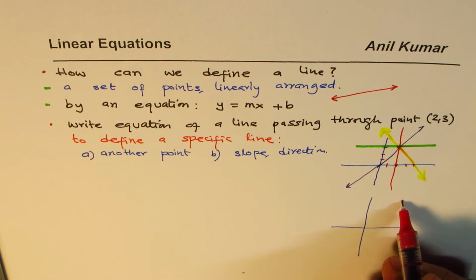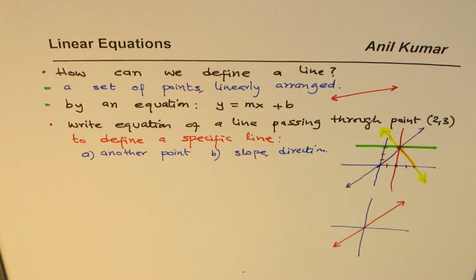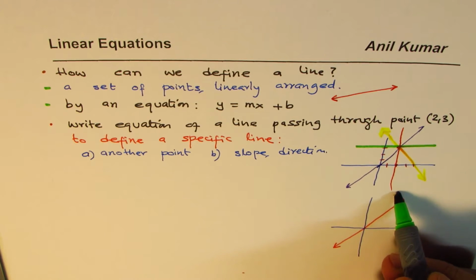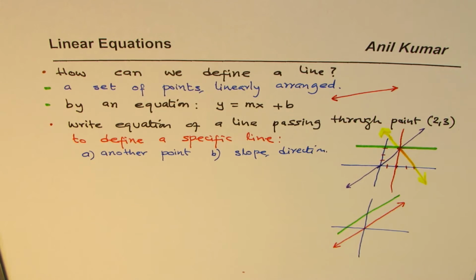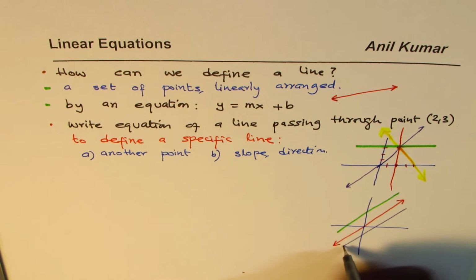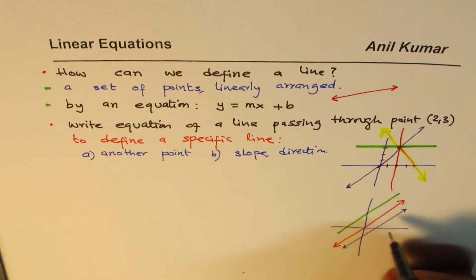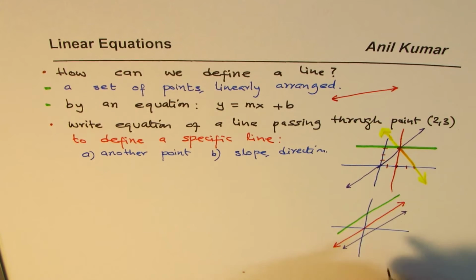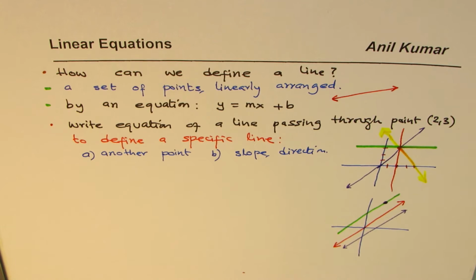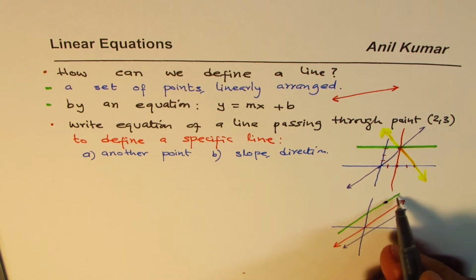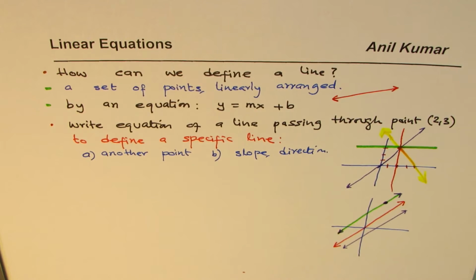So I'm not giving a number, I'm just saying this is my direction. If that is the direction, then I could draw many lines which are parallel to this, right? So all these lines will be parallel, and still we will not know which line we are talking about. You get an idea, right? So alone direction is not sufficient. To fix the line, we need a point and the direction. Do you get an idea? Once I have a point and direction, I know which particular line we are talking about.